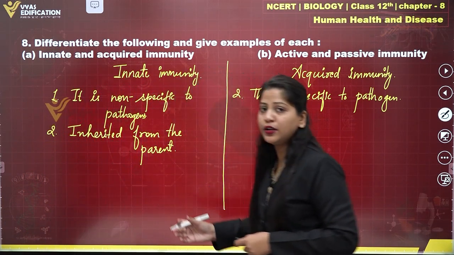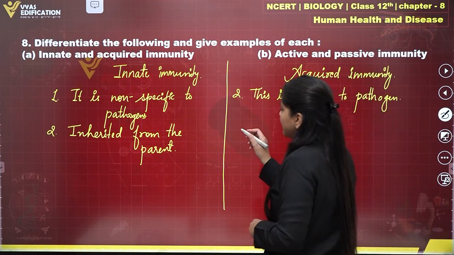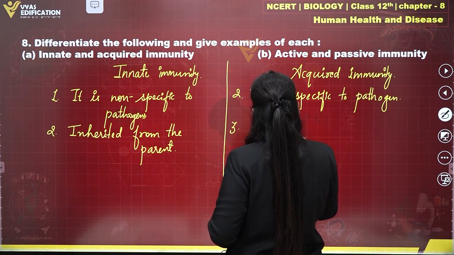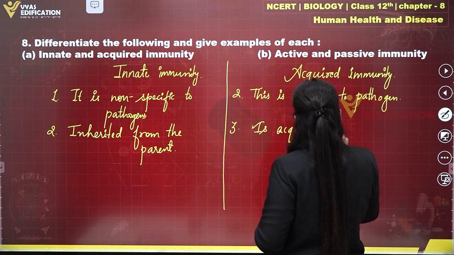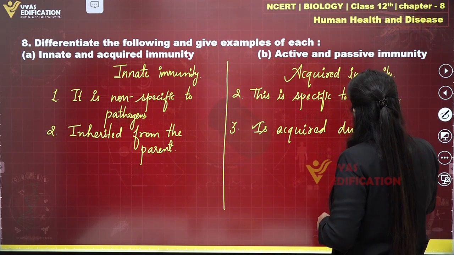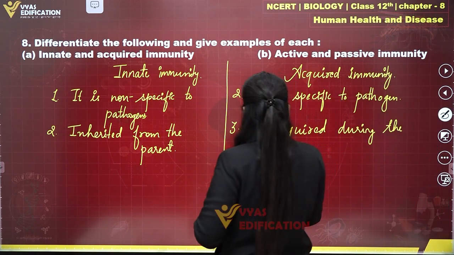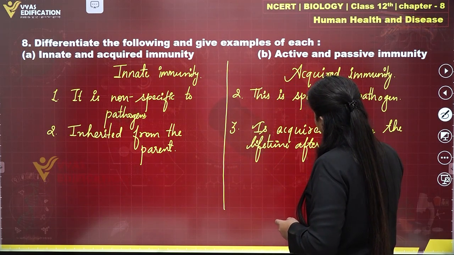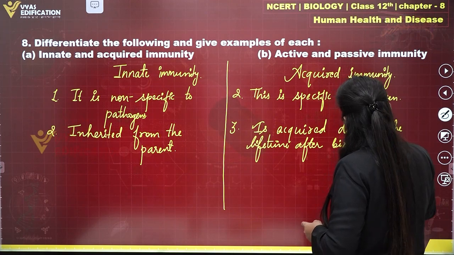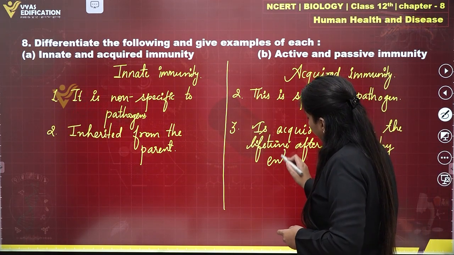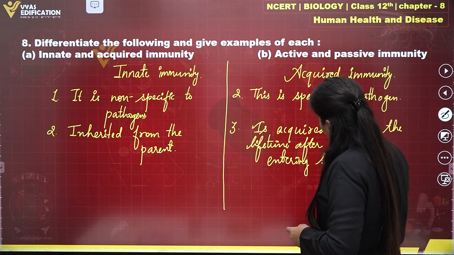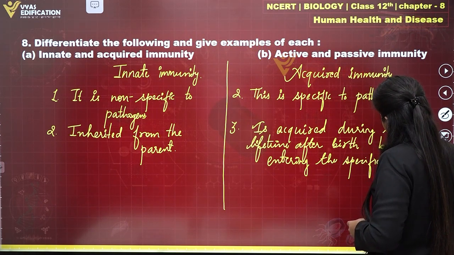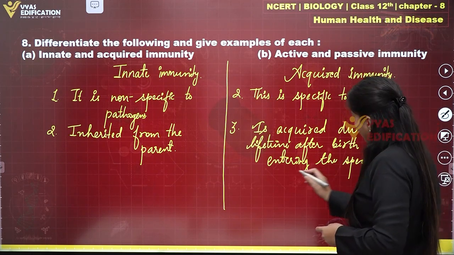The immunity which is inherited from the parents is termed as innate immunity, whereas this kind of immunity, that is acquired immunity, is acquired during the lifetime after birth by entering the specific pathogen into the body, right?